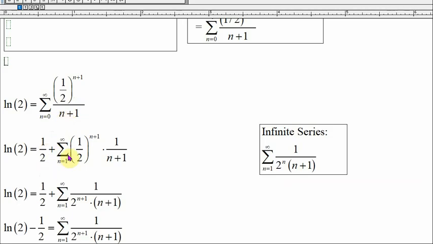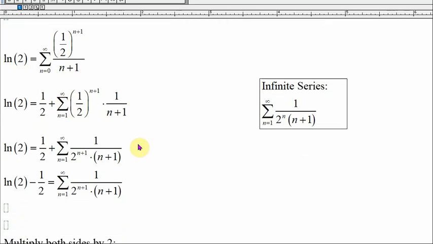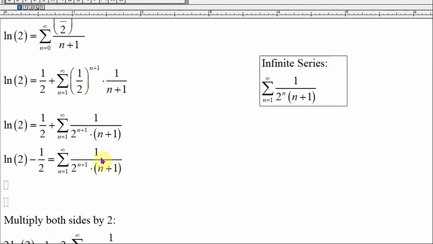And then the rest of it is this. And this part here can be rewritten as the summation with the expression 1 over 2 to the n plus 1 times n plus 1. And then let's go ahead and subtract 1/2 from both sides.